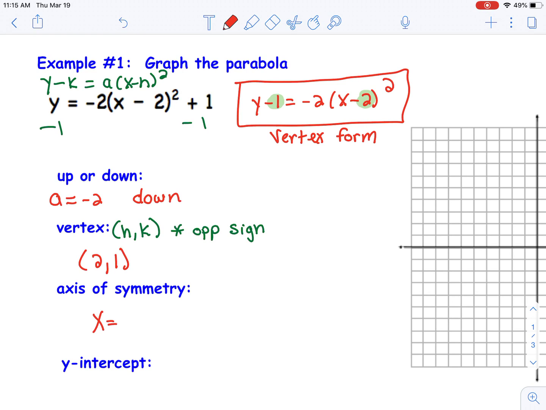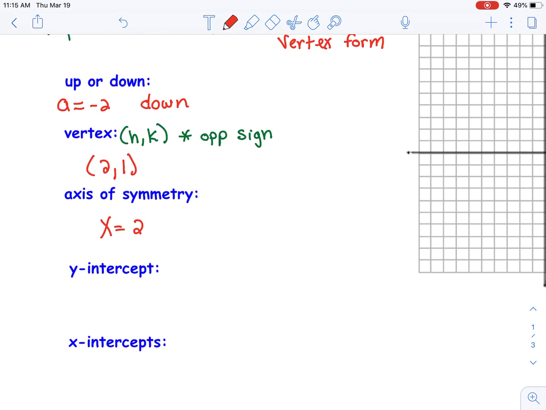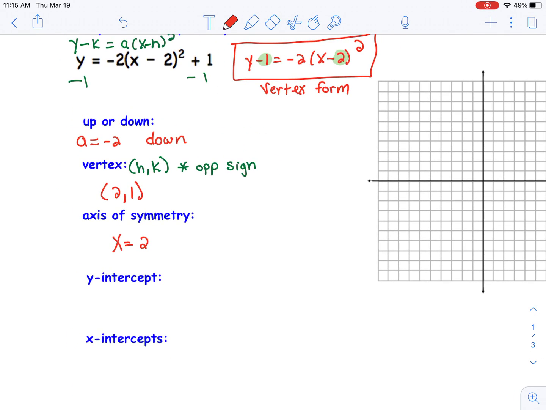My axis of symmetry is 2. It's just the x of my vertex. For my y-intercept, I'm going to plug in 0 for x. So I get y is equal to negative 2 times 0 minus 2 squared plus 1. If I just do the calculations for this, I end up with y is equal to negative 7.